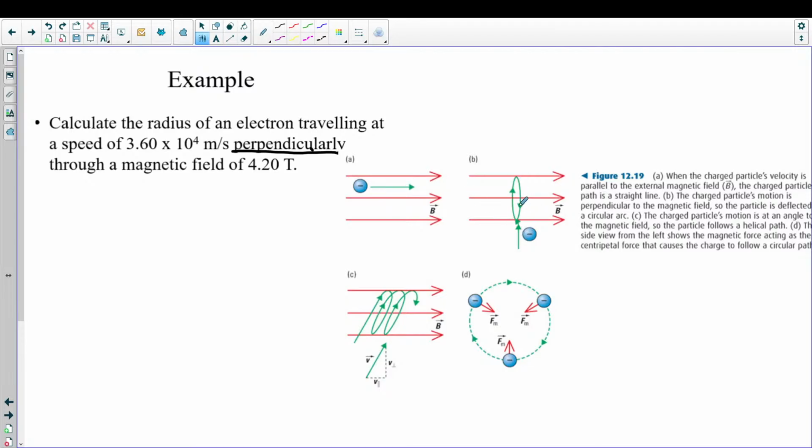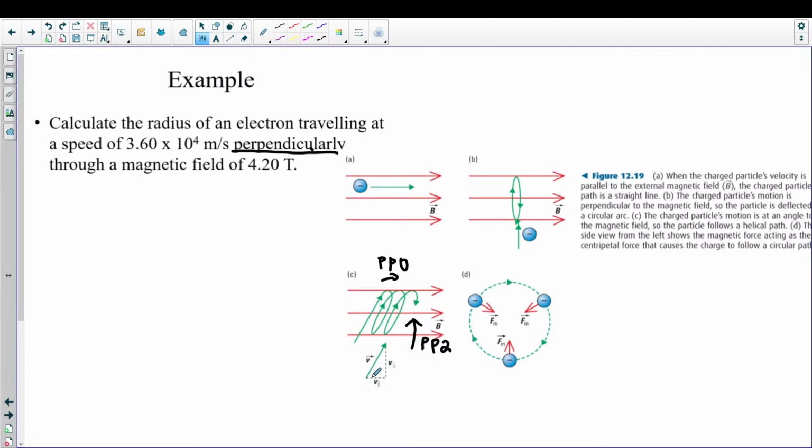If you enter at any angle, then horizontally you will be moving in uniform motion, constantly forward, while the vertical direction will experience circular motion, causing it to go into a spiral, as you can see here. So it is very important that only the perpendicular component actually experiences a force.